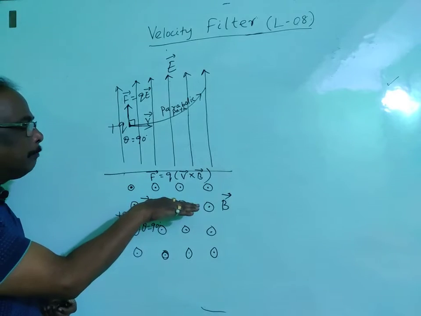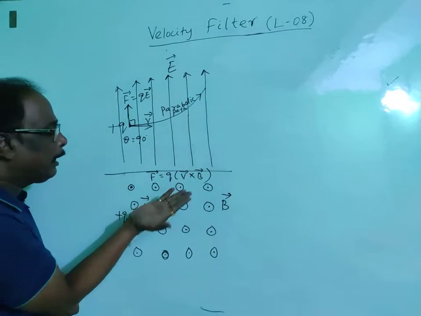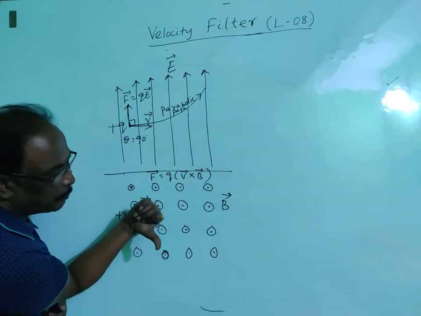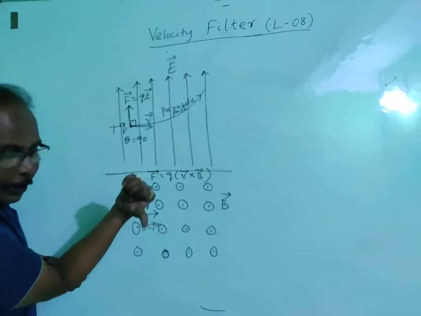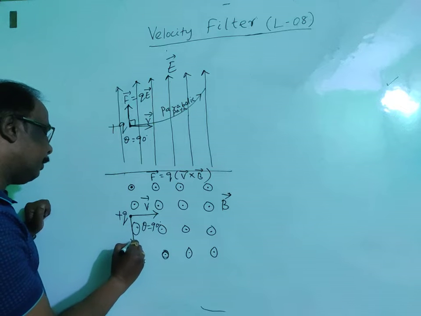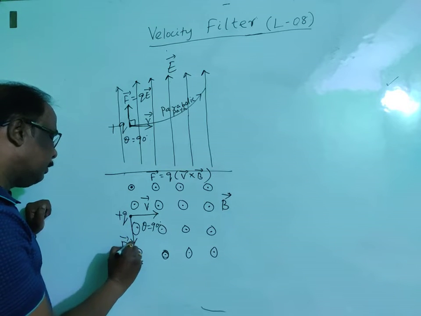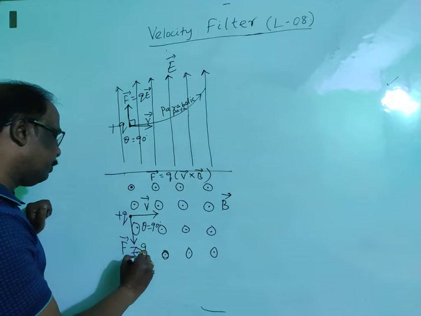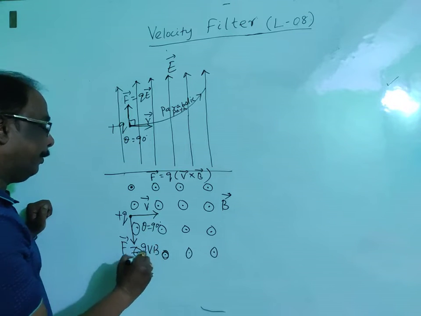So the direction of force is downward, and the magnitude of force is qvB.